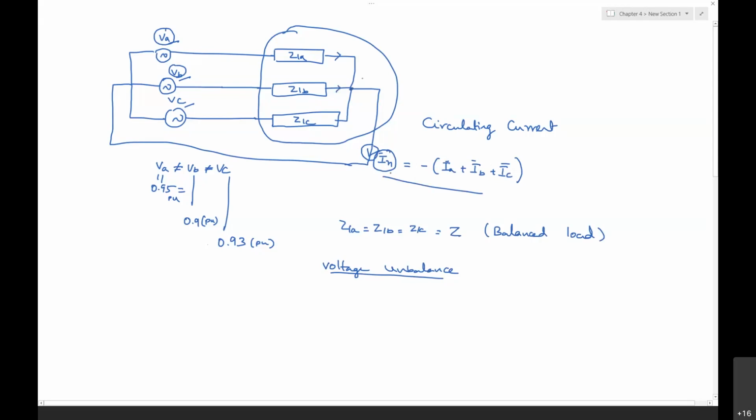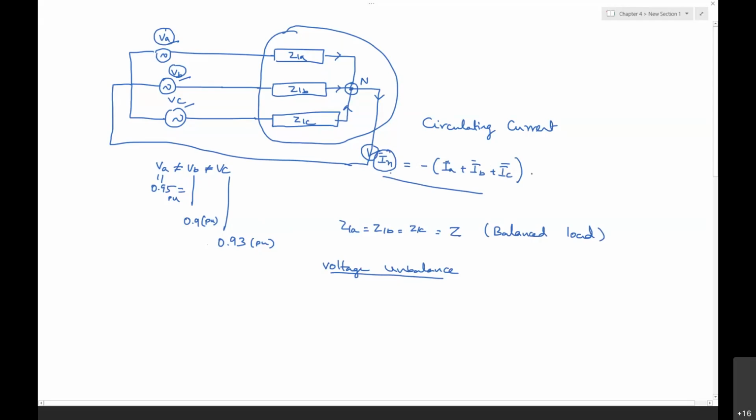If you take a capital N, we can apply KCL at this particular node N. The current is leaving, and the currents of IA phase and IB phase are entering over here. Then obviously IN bar is equal to minus IA bar plus IB bar plus IC bar.